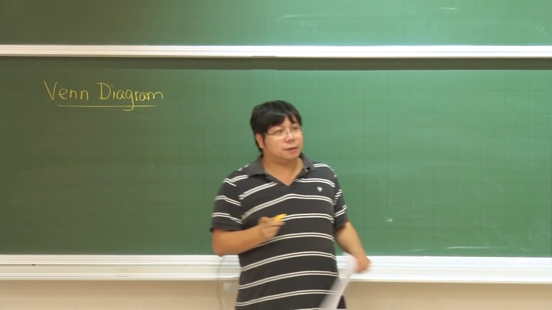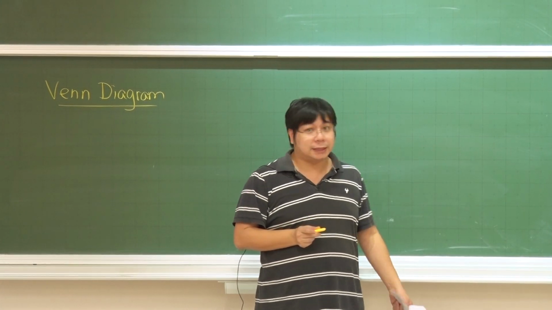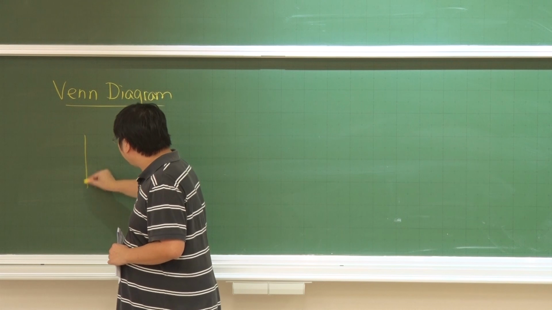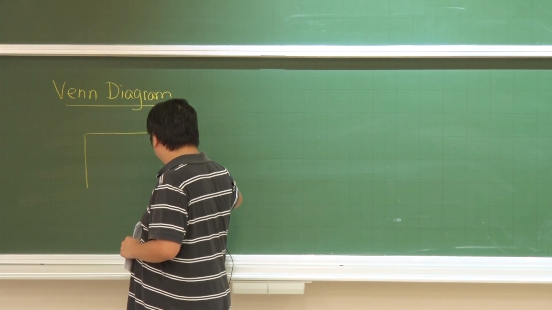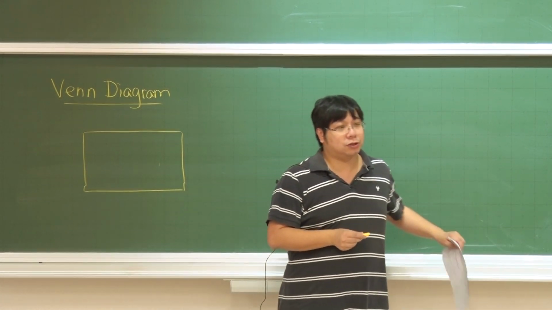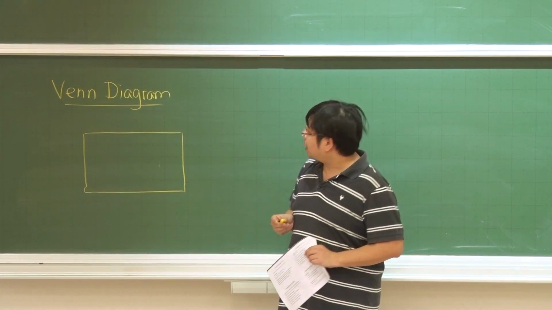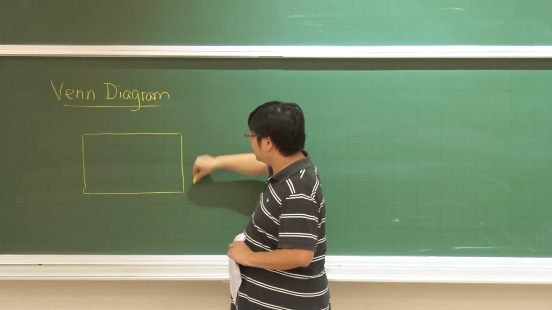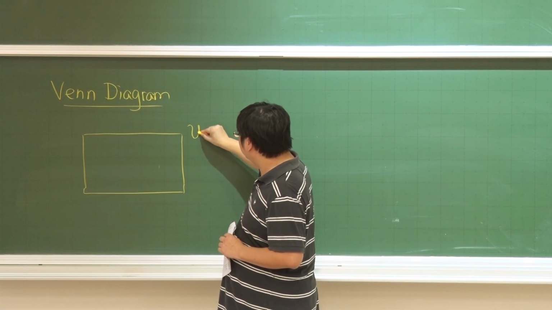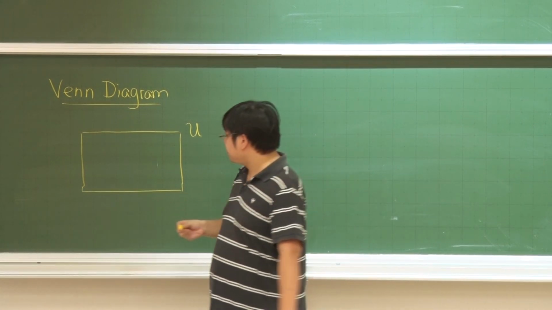We have talked about this Venn diagram when we were talking about counting. And then what is the Venn diagram? A Venn diagram is a diagram to represent the relationship between the sets. It is usually drawn in a box. This box represents the universe U that we are interested in.